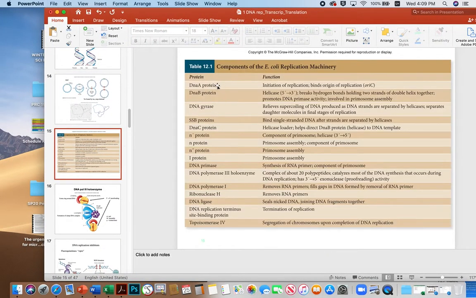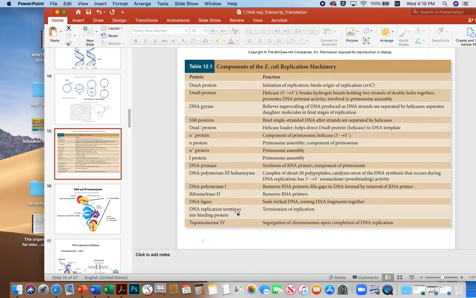This slide just gives you an example of each protein and then the function of the components of the E. coli replication machinery. And so the main ones are DnaA, DnaB, gyrase, the single-stranded binding proteins, DnaC, DNA primase, polymerase 3, which is the main replication enzyme, polymerase 1, which fills in the gaps, and then RNase H, ribonuclease H, and DNA ligase.